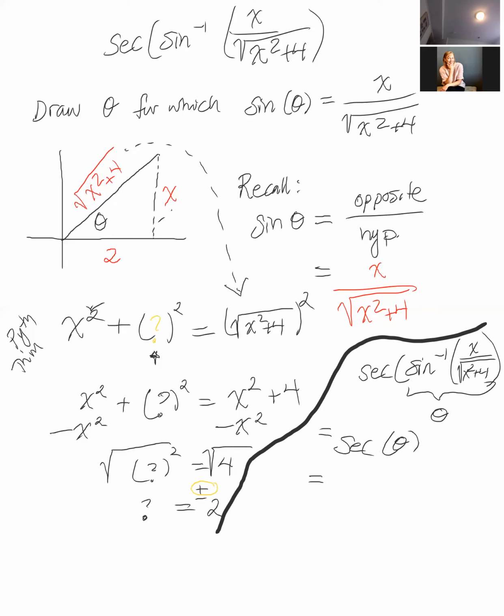And if I remember, secant is the hypotenuse over the adjacent. The hypotenuse is the square root of x squared plus 4. The adjacent is 2. So this is how I can write this expression up at top in terms of x. It's a simpler way to write that.